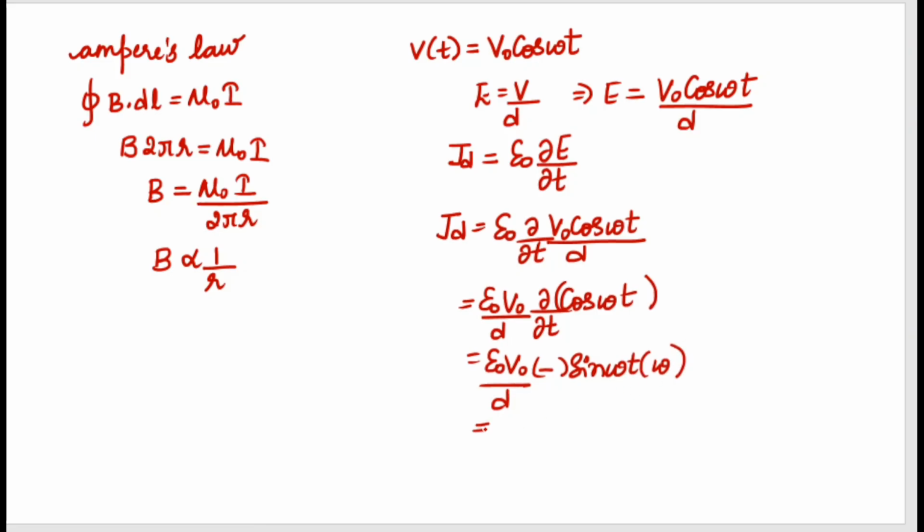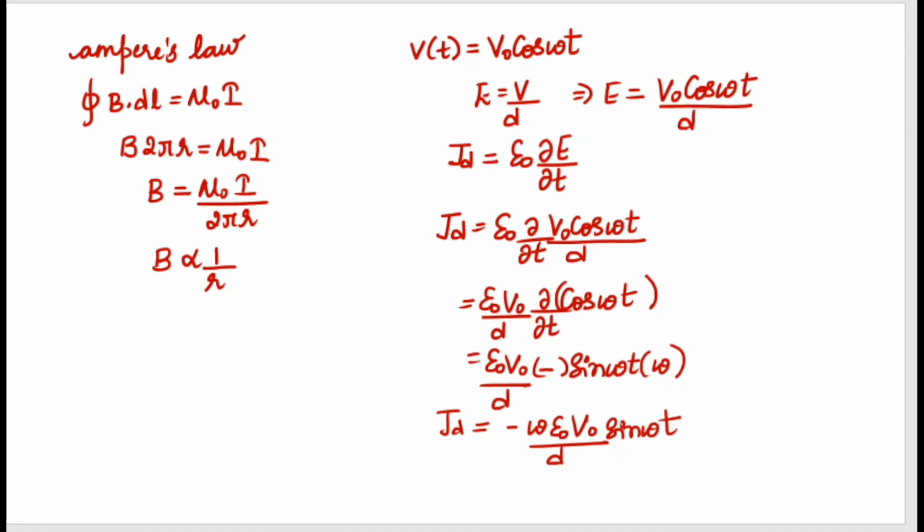So on rearranging the terms, it is minus omega epsilon naught V naught divided by d and sine of omega t. And this is the answer for displacement current density, where epsilon naught is the permittivity of free space, V naught is the initial voltage given to the circuit, and omega is the angular frequency.